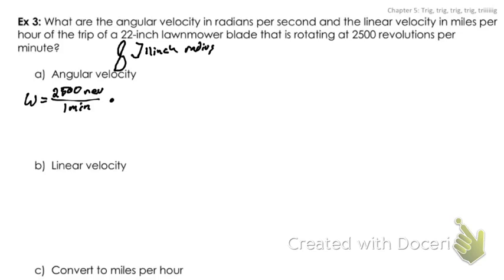I don't want the revolutions and I don't want the minutes. So the first thing I'm going to do is get rid of the revolutions, and that's by multiplying by 2 pi. There are 2 pi radians per 1 revolution. Your revolutions will cancel out and you're going to be left with 5,000 pi radians per 1 minute.